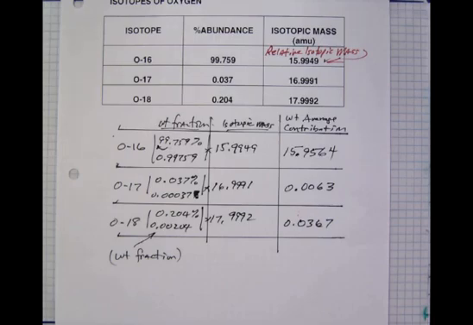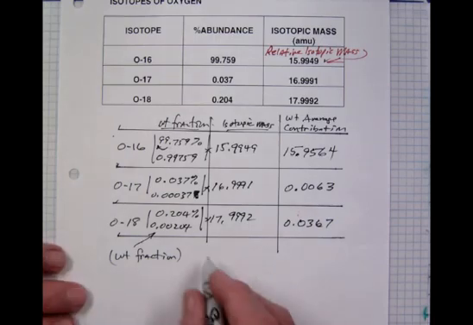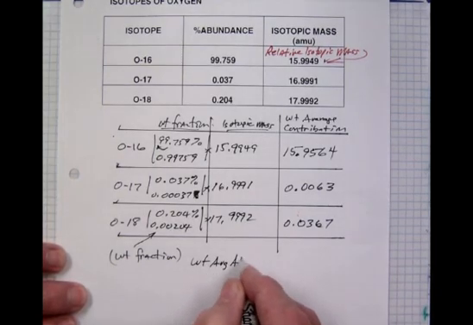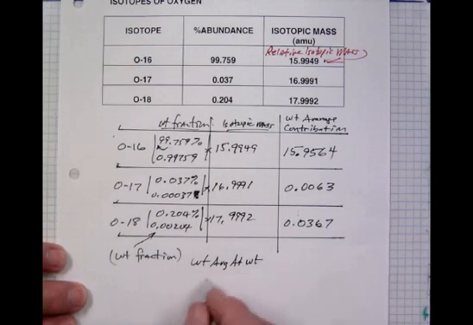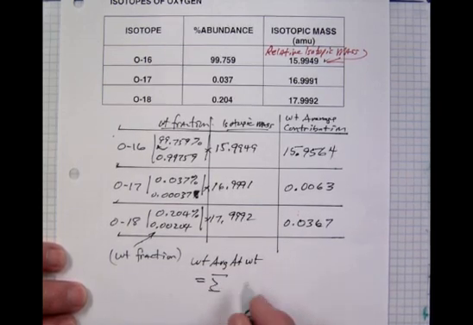Okay, the weight average atomic weight is now equal to the sum of your weight average contributions.